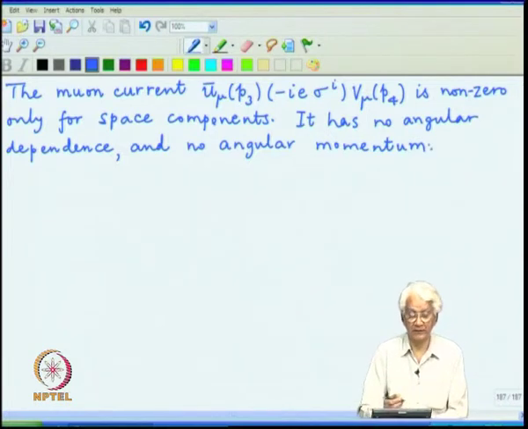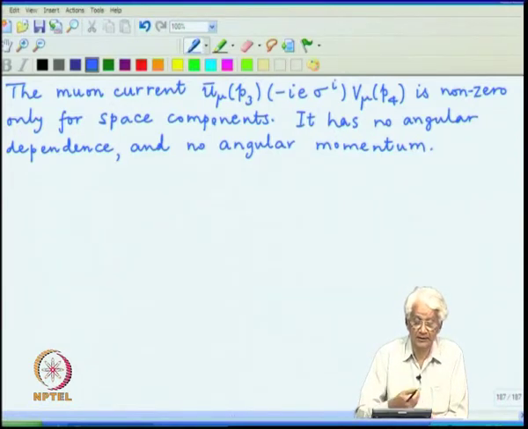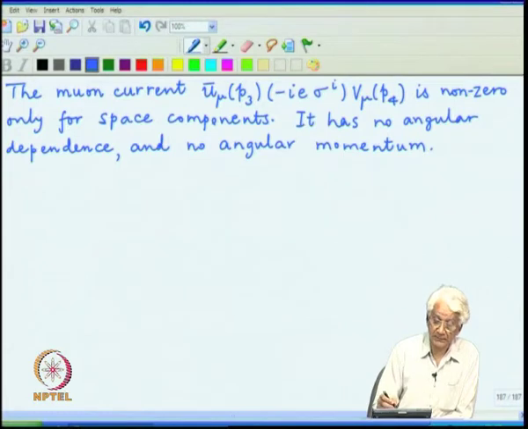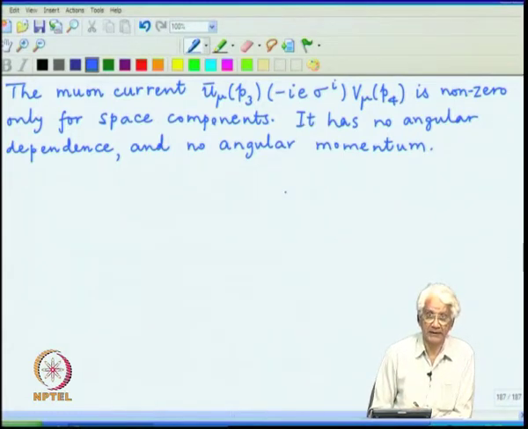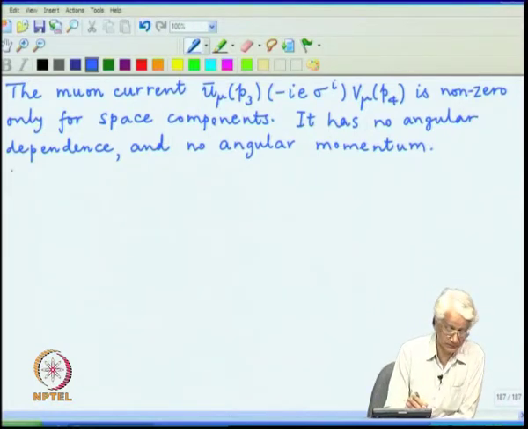And so, all which is involved is the spin degree of freedom. The space part has no appearance in this structure at all, and so the cross section is completely isotropic. The spin part is completely dictated then by the conservation of total angular momentum.